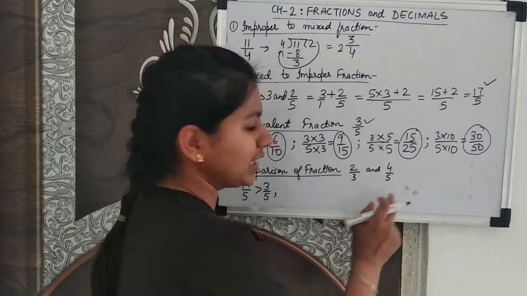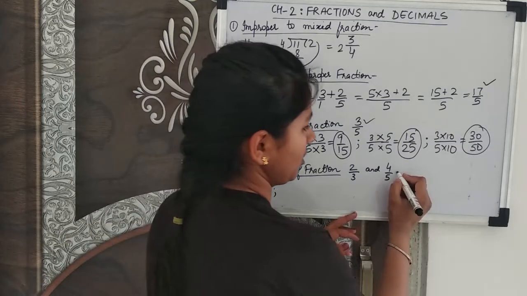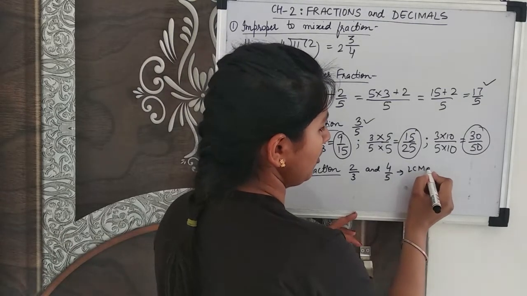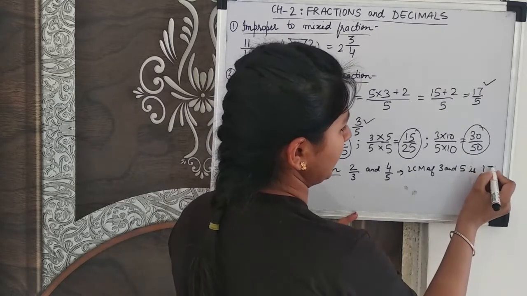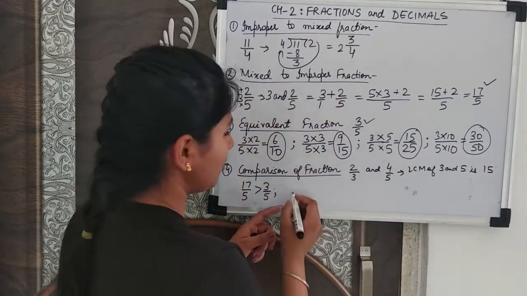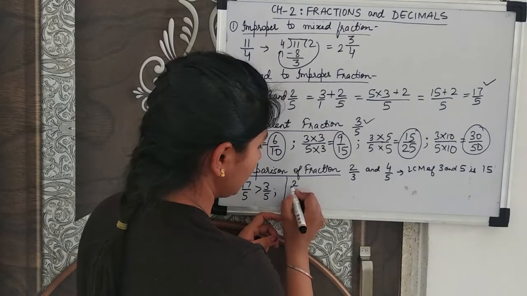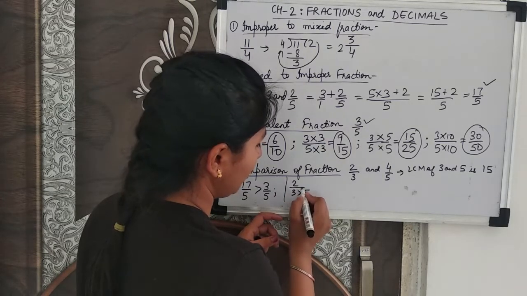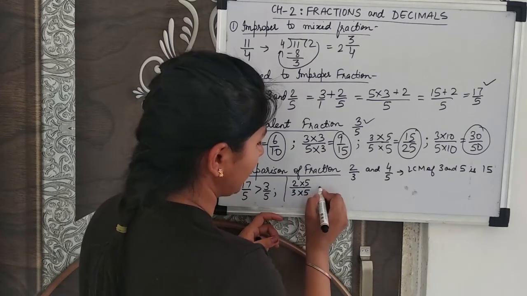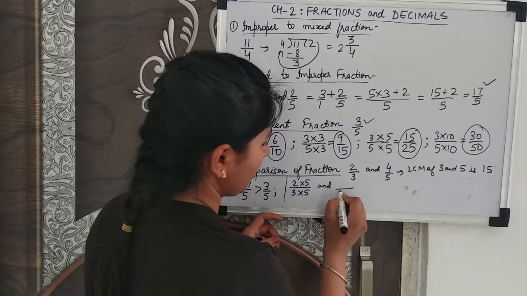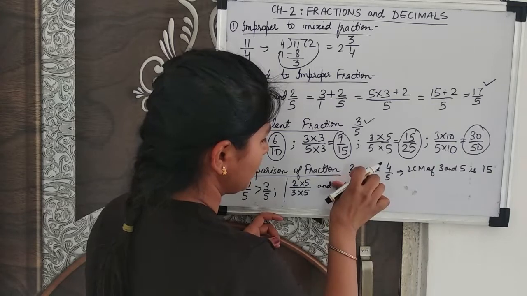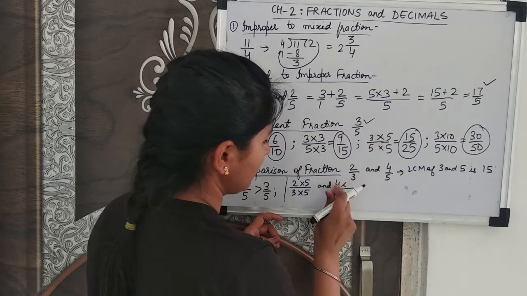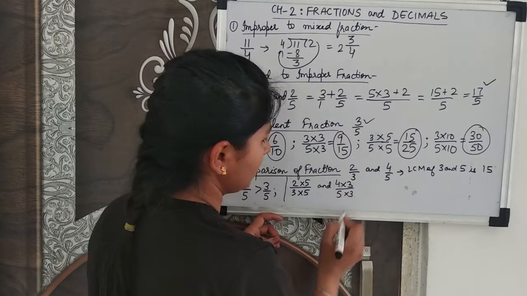So the LCM of 3 and 5 is 15. So I will make both the denominators 15. 3 into 5, so the numerator should also be multiplied by 5. 5 into 3, so this should also be multiplied by 3.